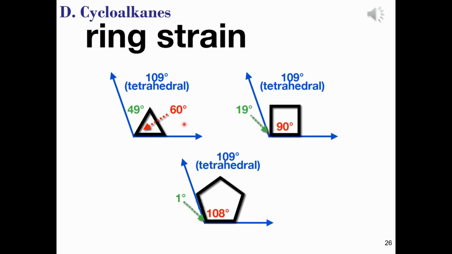This is a 49 degree deviation from the ideal bond angle, and so this causes considerable ring strain. When we move from a 3-membered ring to a 4-membered ring, this is cyclobutane, there's now only a 19 degree deviation from the ideal bond angle, but even this is still quite high. And likewise for cyclopentane, even that 1 degree bond angle difference causes some degree of ring strain. It's only cyclohexane that doesn't experience this particular ring strain.